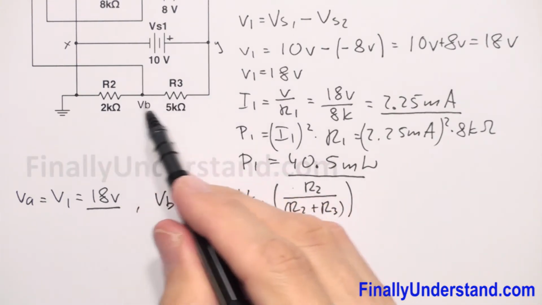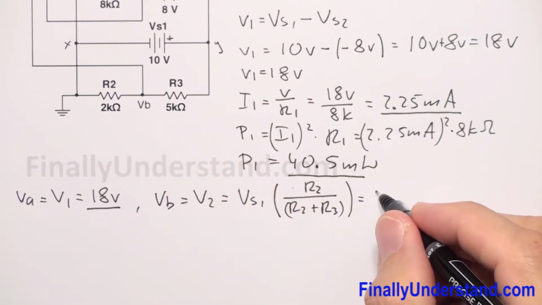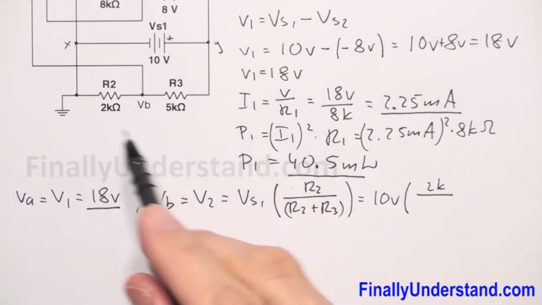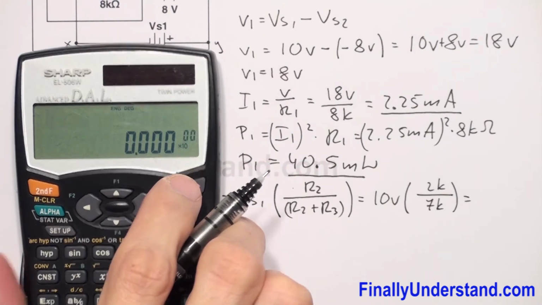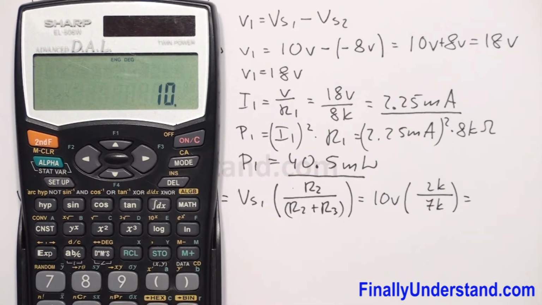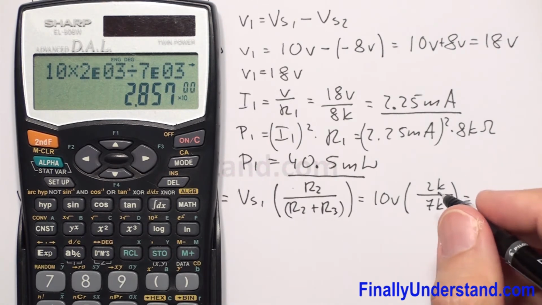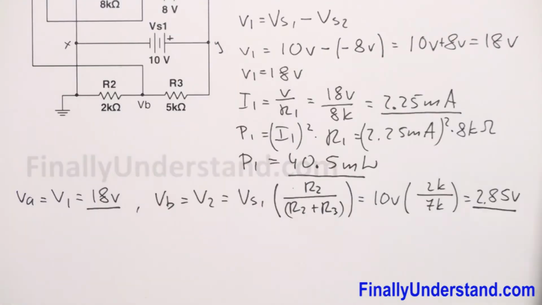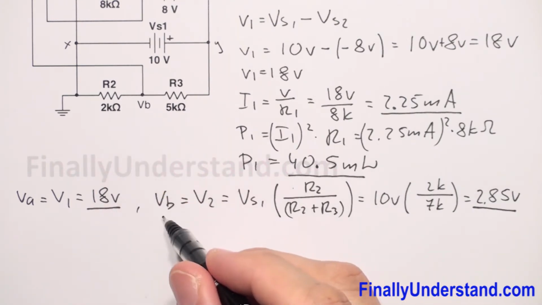I'm using the voltage divider formula, where voltage source 1 is equal to 10 volts times R2, which is 2K, over 2K plus 5K, which is 7K. This is equal to 10 times 2 times 10 to the 3, divided by 7 times 10 to the 3, which is equal to 2.85 volts. So this is the voltage across resistor R2, and this is simply my VB.